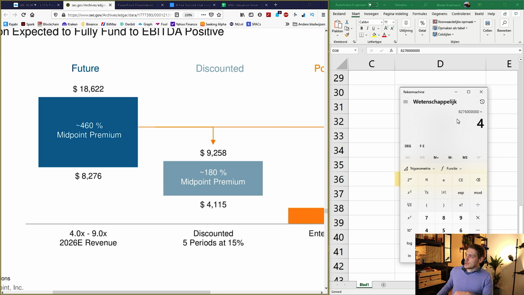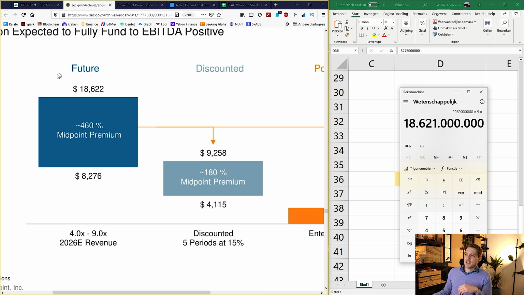Let's now go back to that revenue of 2026 and multiply it by the high multiple, which is 9x, because we just decided that we're going to use a high multiple of 9. So if you take that revenue, multiply it by 9, we're going to arrive at a high enterprise value of 18.621 billion.